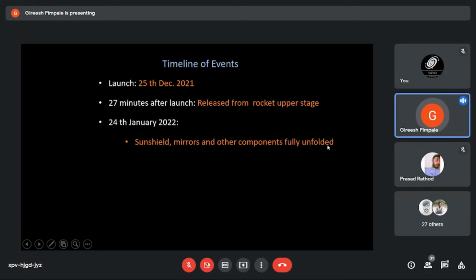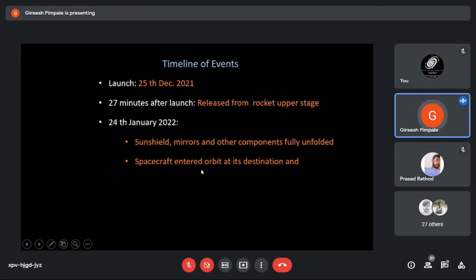This is a miracle that has taken place for the first time in human history, that such sun shield, mirrors, and other components are getting deployed automatically. Of course, automatically means all these events are programmed events. So this is a wonderful success that astronomers have got when this telescope was launched in space.